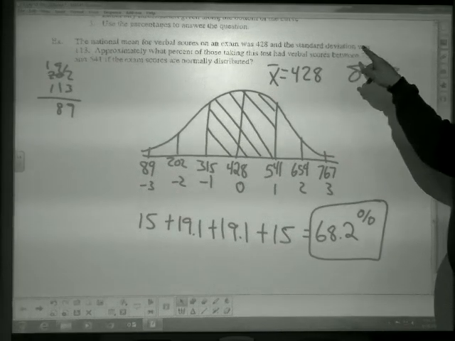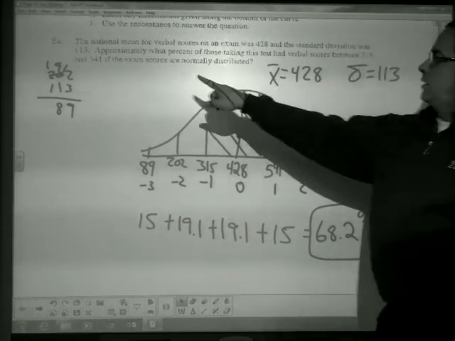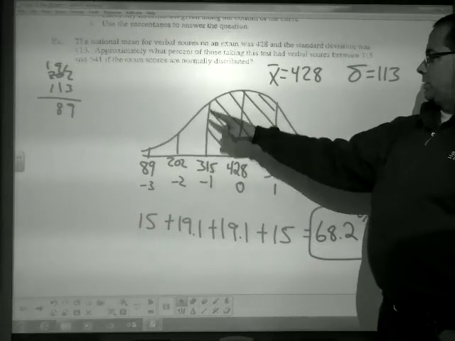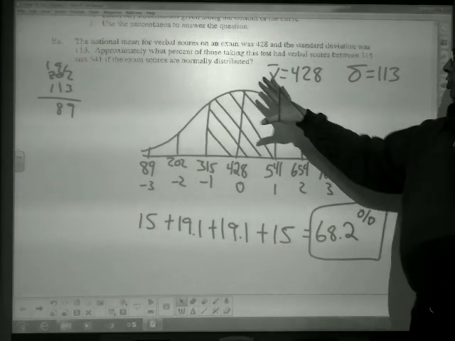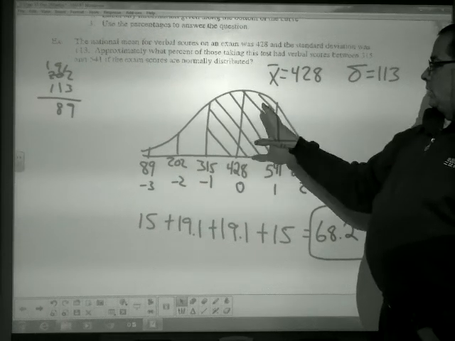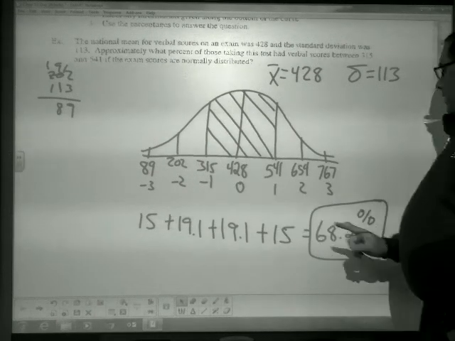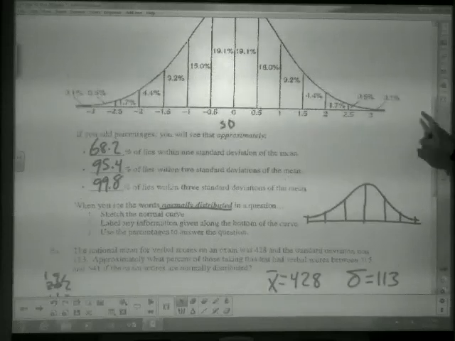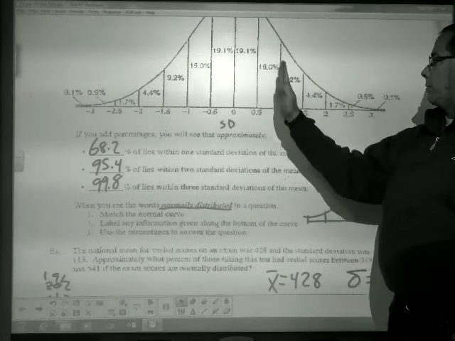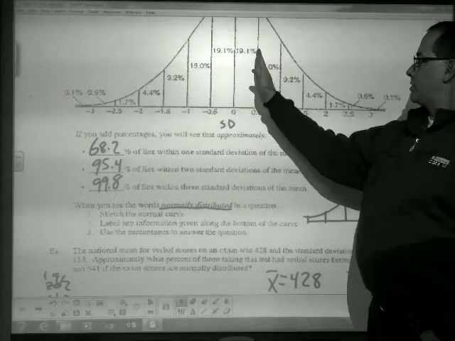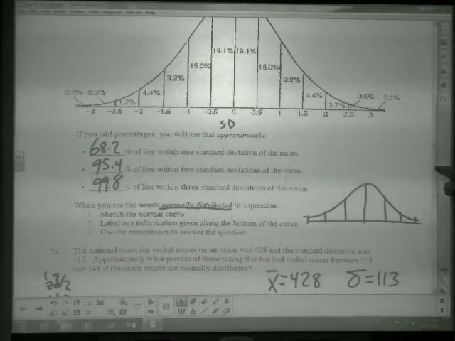And then I go back to the question. What do they want? They want 315 to 541. 315 is here, 541 is here. I'm going to shade what they want. Now I go find it in my chart. All right, I got to go from -1 to +1. So in my chart, from -1 to +1, I just add the percentages.